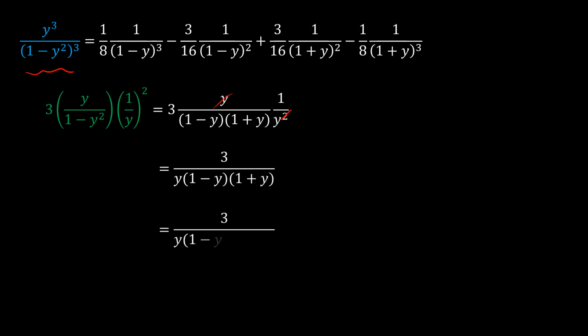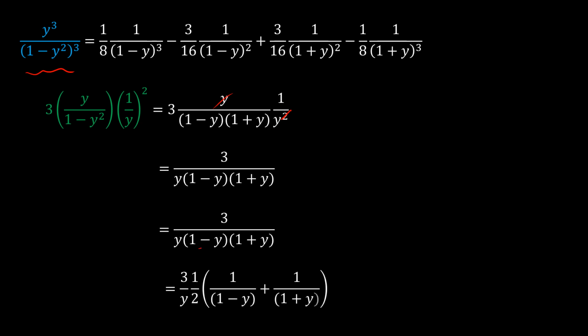And then what we can do is we can go ahead and say, okay, if we have that, we can pull 3 over y out and a half out, so that this part here becomes, obviously with the hidden one there, becomes this. And so when we multiply the 1 over y across, we have 3 over 2, 1 over y times 1 minus y plus 1 over y times 1 plus y.